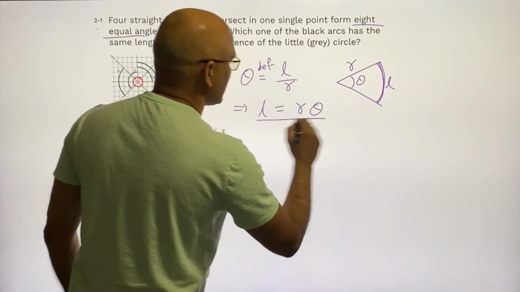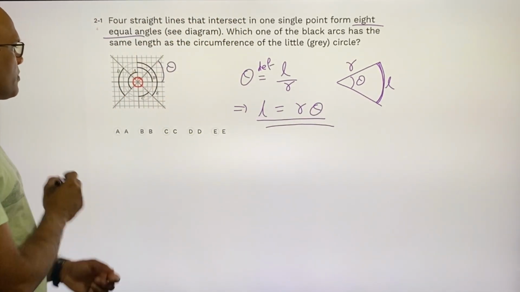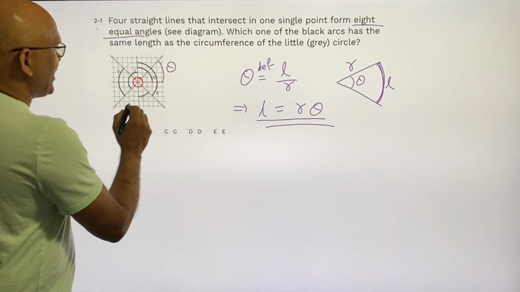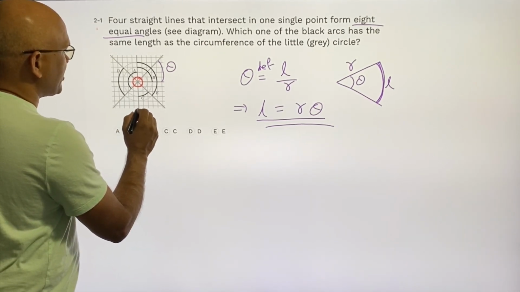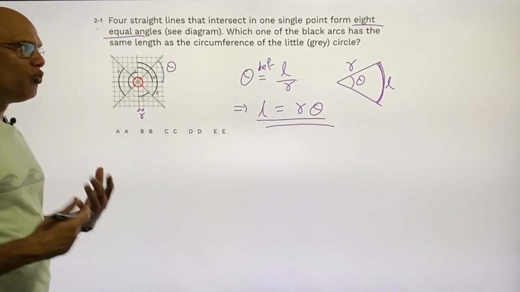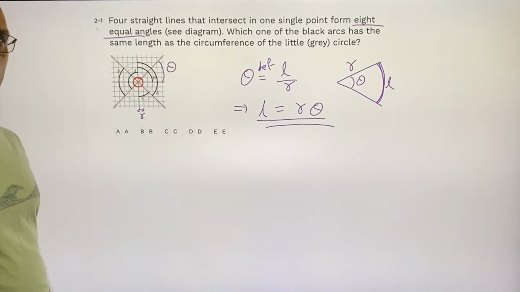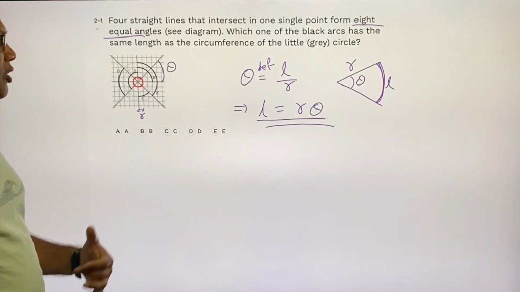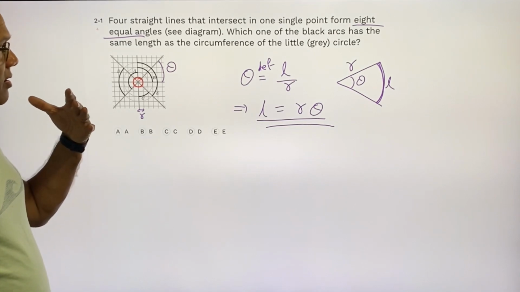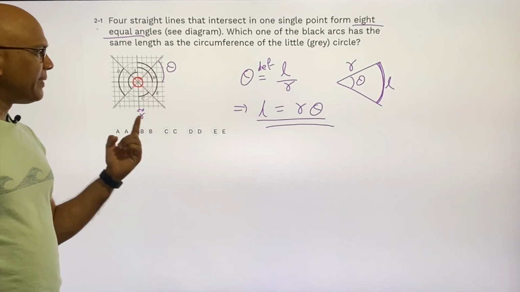So this is the equation I'm going to use. I can assume the small distance here as R, or 1. It is not going to matter because the answers will be multiples of that, but just to make it general, let me assume R.